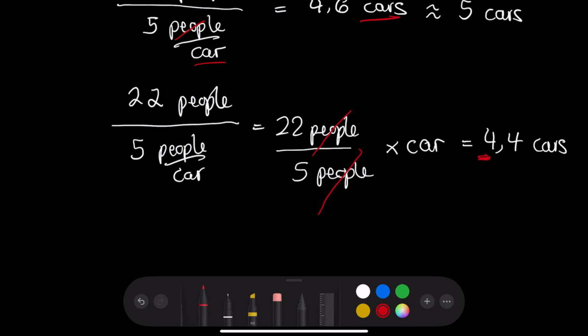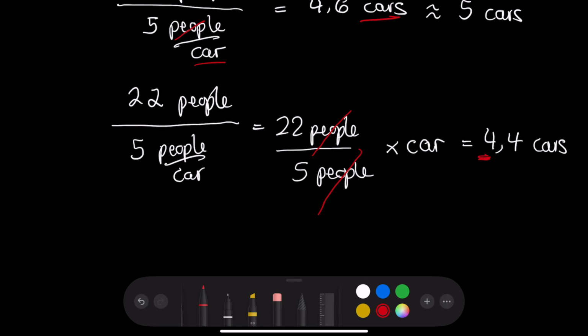But when we think about practical examples, once again, every person needs to go to the wedding. Then because of that, I need to ensure that all people go. So even though my rounding off rules are telling me I need 4 cars, practically in reality I can't have 4 cars.